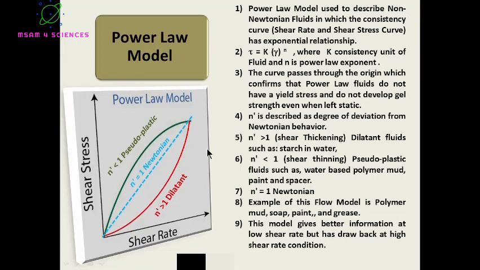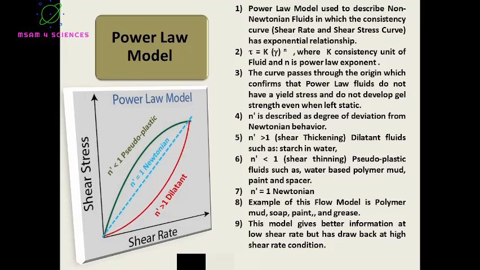We can get the relationship by calculating N. If N equals 1, it is Newtonian. More than 1, dilatant, with shear thickening property. Less than 1, pseudoplastic, with shear thinning property.